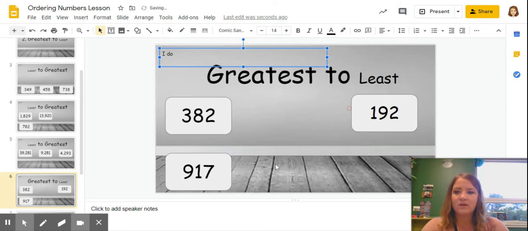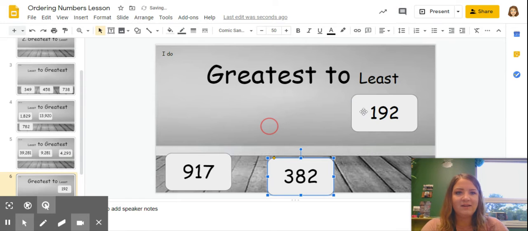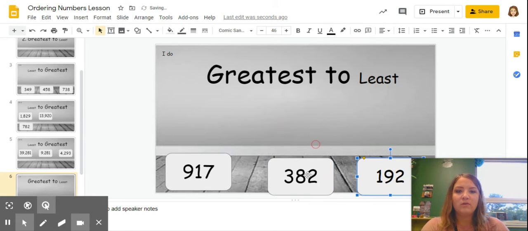So I'm going to move that into the middle. And then finally, 192 is the least because it is smaller than 300s and it is smaller than 900s as well. So that'll go all the way to the right. So in order from greatest to least, we have 917, 382, and 192.